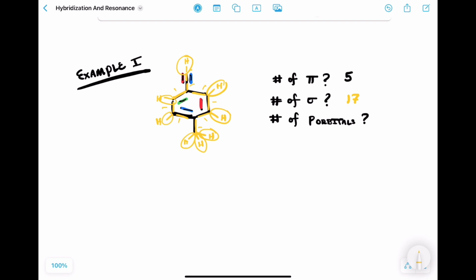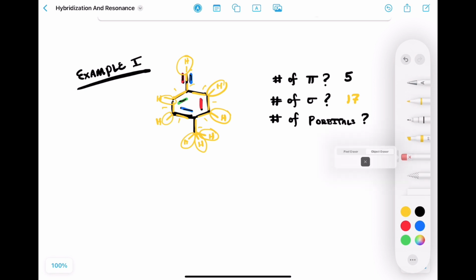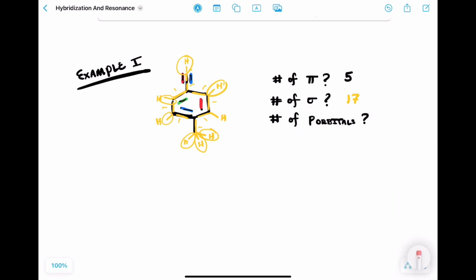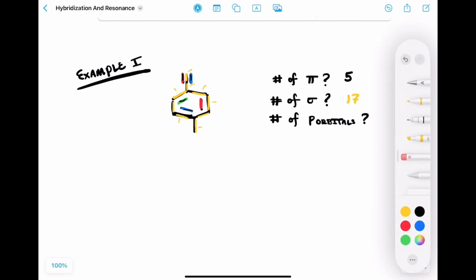Now, how many p orbitals are present in this molecule? This is getting a little bit cluttered, so I'm going to clean it up a little bit. I'm going to remove all of the implied hydrogens. You can stop the video and go back through and count yourself. But essentially, now we look at p orbitals.